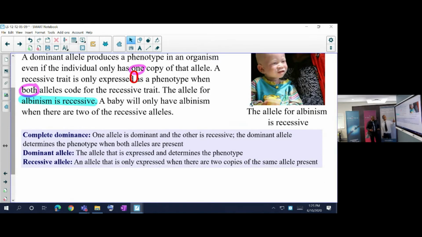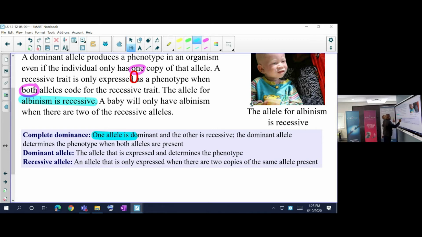Right, let's summarize these three terms. Complete dominance, then dominant allele, and recessive allele. I have said one allele is dominant and the other is recessive. That's the nature of our alleles. One can be dominant, one can be recessive. Are we happy with this one only? It's very important for us to master it.